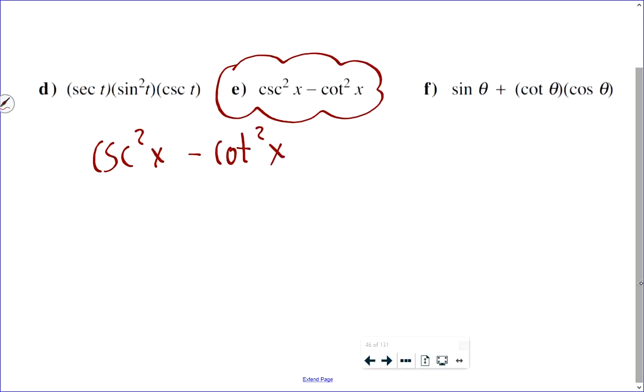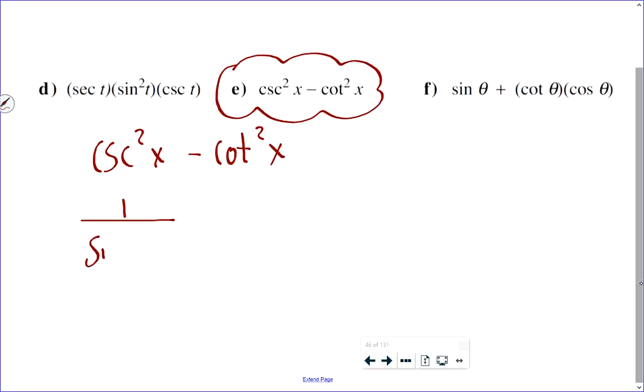But if you start with the idea, Ian, that we can write everything as sine and cosine, and by the way, for the most part, it's going to be possible to do that. It's going to be very complicated at times, but it's possible.